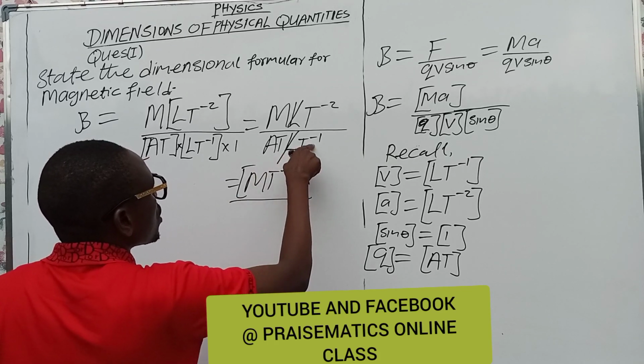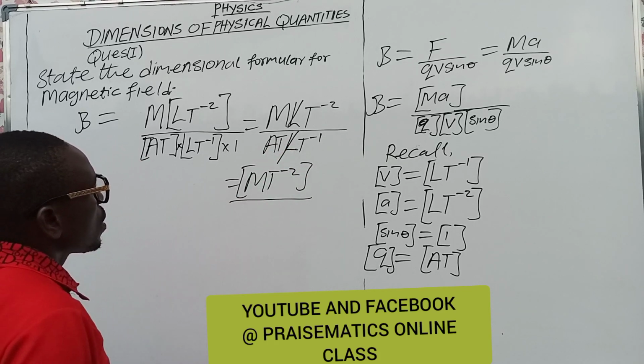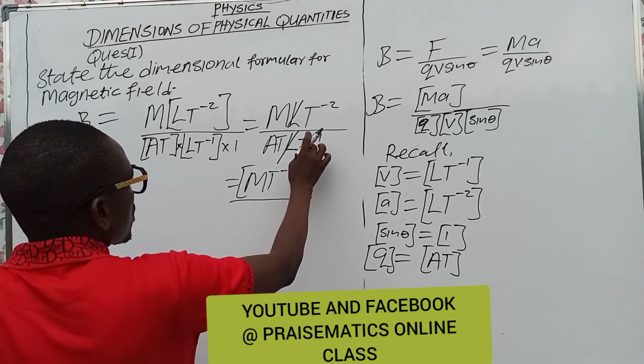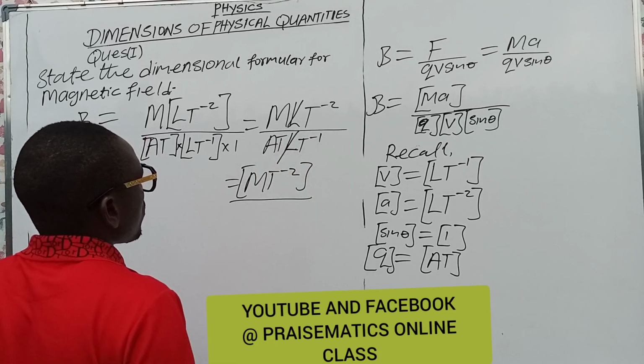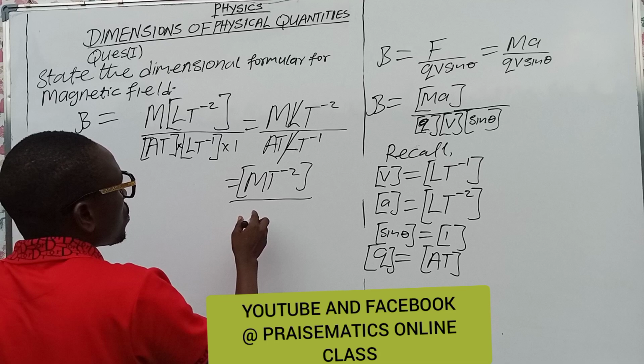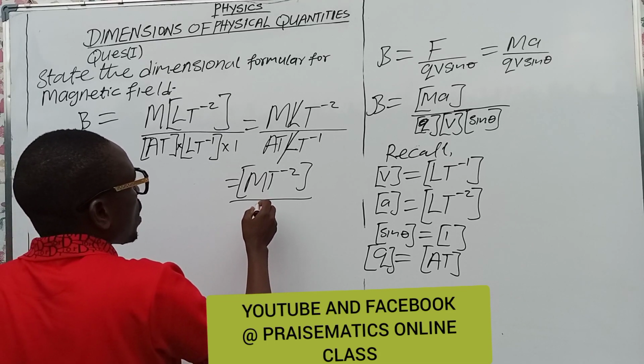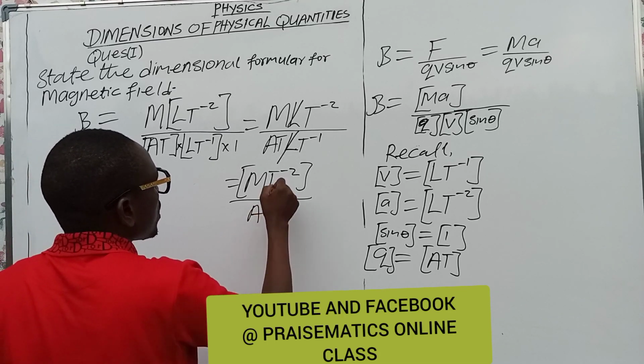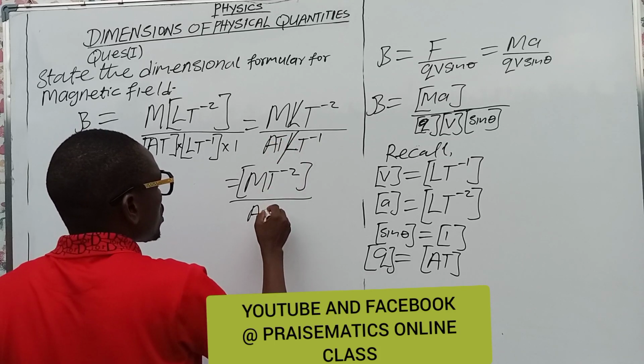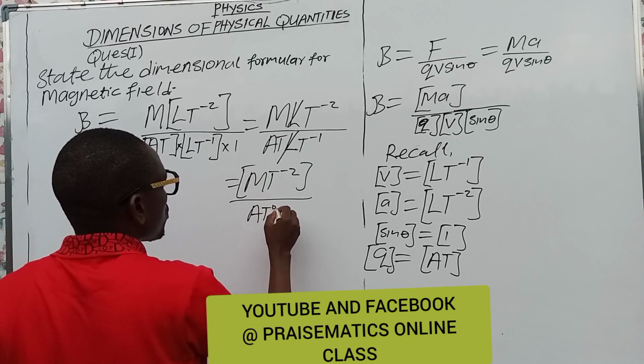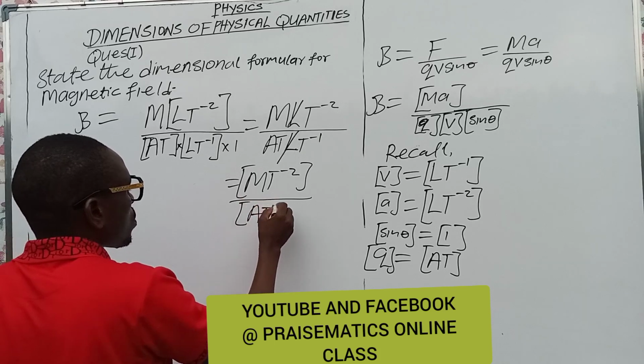What do we have here? T to this. T to this one. We have it as AT. T times this will give us t raised to the power 0.